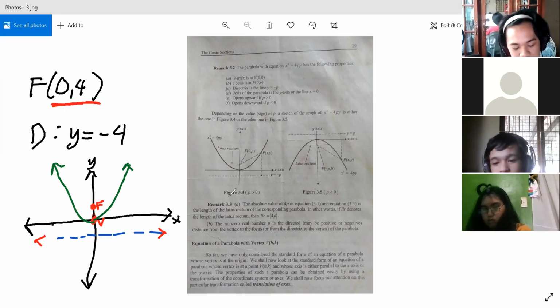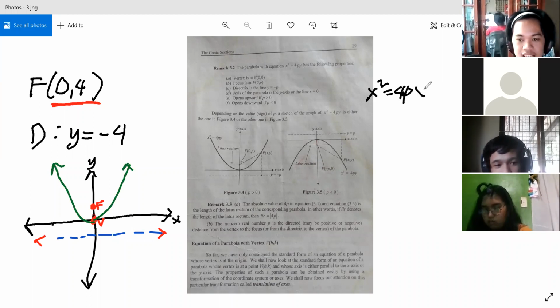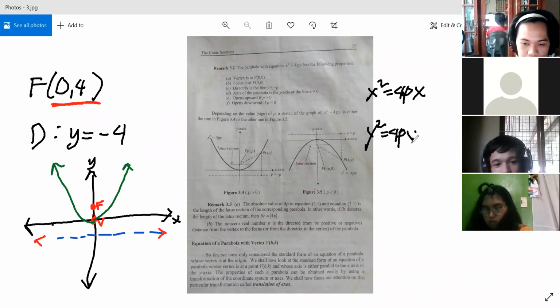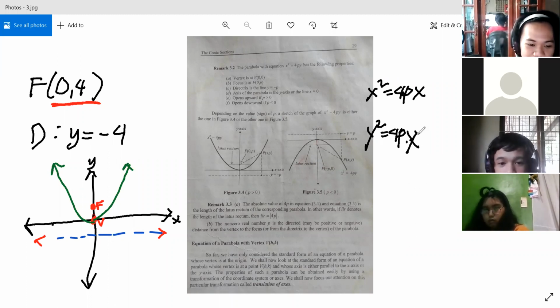The question is, which form will we use? Is it x squared equal to 4py or y squared equal to 4px? Y squared equal to 4py, sir. This is y, no?